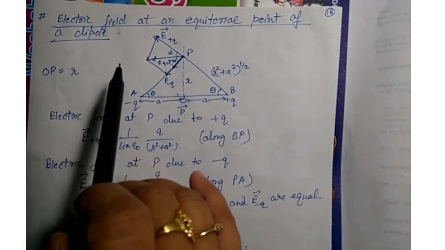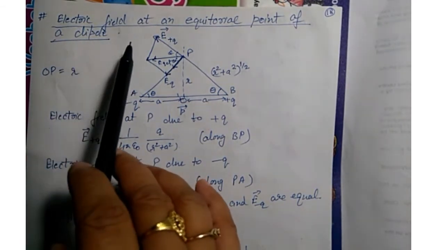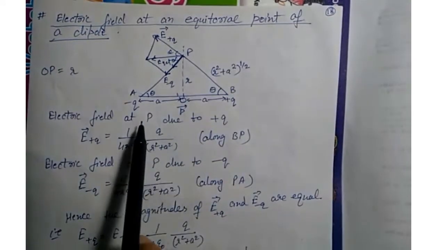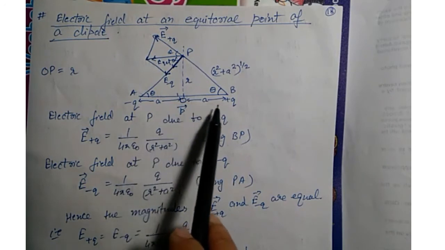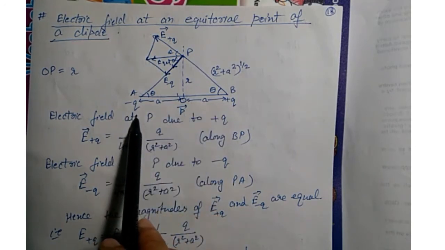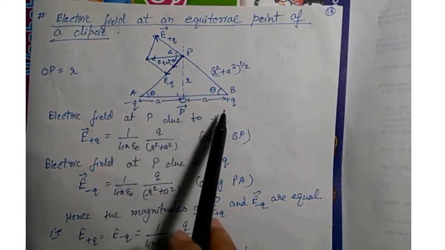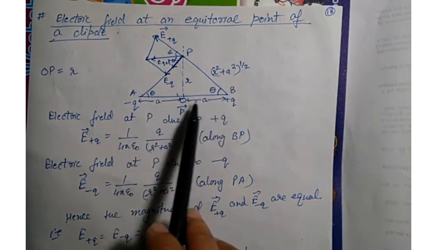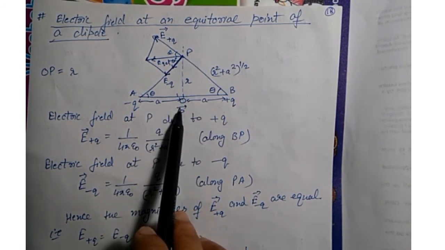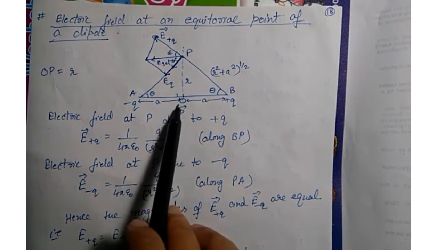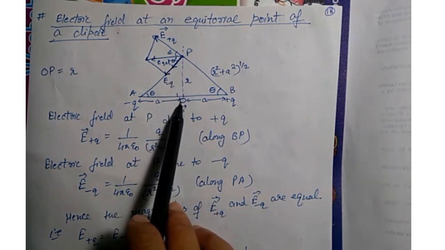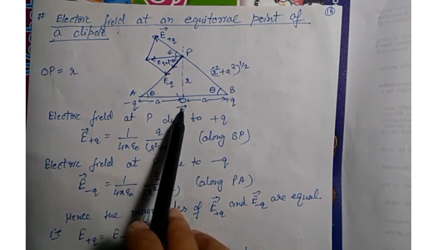Next topic is the electric field at an equatorial point of a dipole. Again, we are considering a dipole, that is minus Q charge at point A and plus Q charge at point B, separated by the distance 2A. O is the center point and P is any point on the perpendicular passing through the center.